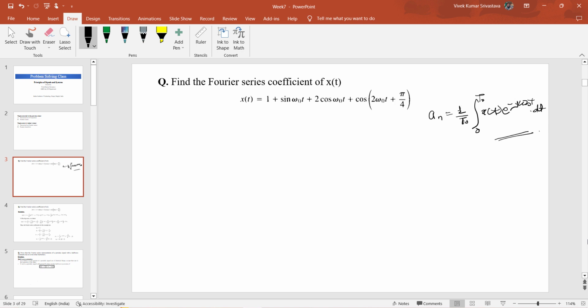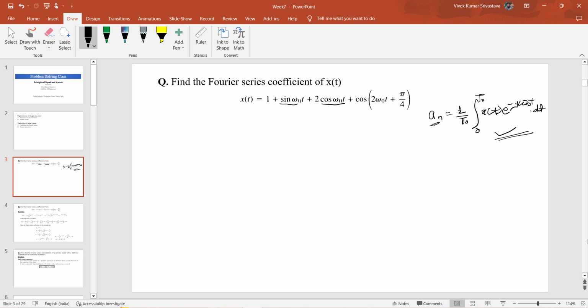By using this we can easily evaluate the Fourier series coefficients. However, for this problem we already know how to represent sine of omega naught t and cos of omega naught t in terms of complex exponentials. So instead of using this difficult method we will use a simple method.